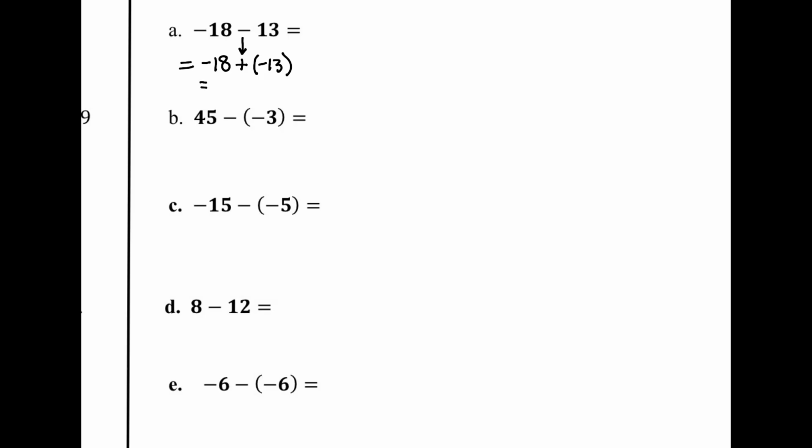So we get negative 31. Like I said, I really do want you to go down the page instead of going sideways. But when it's subtract, you can just do change on the original, and that saves you one whole step of rewriting. Now we have a positive, add a positive, so we get a bigger positive, 48.